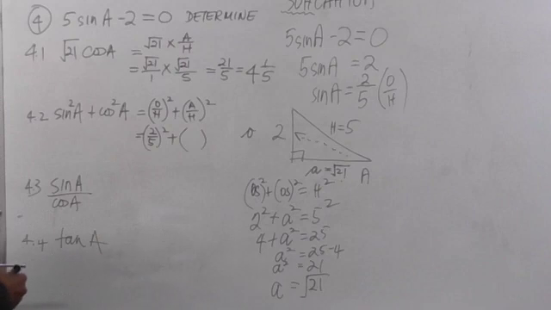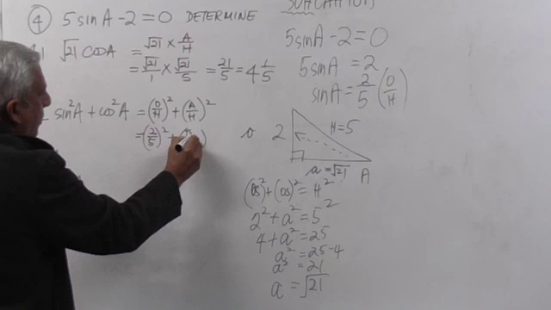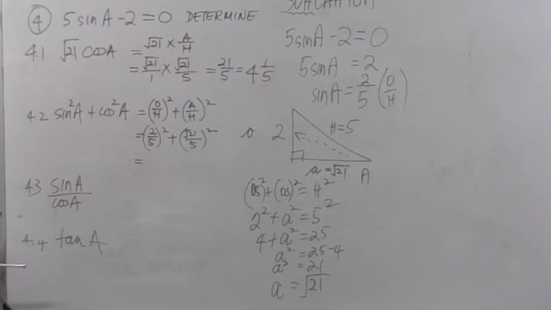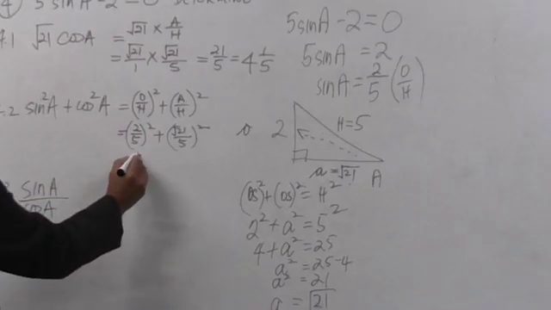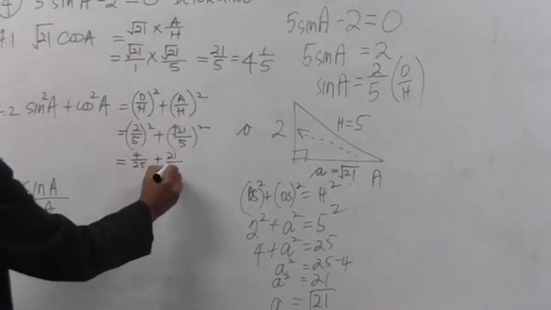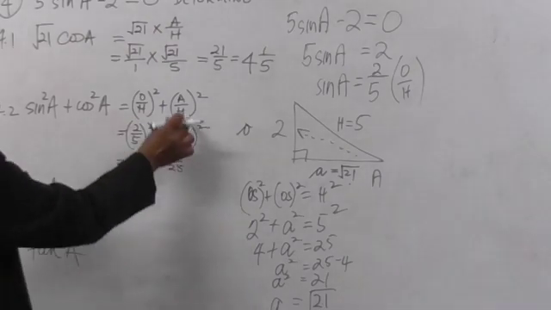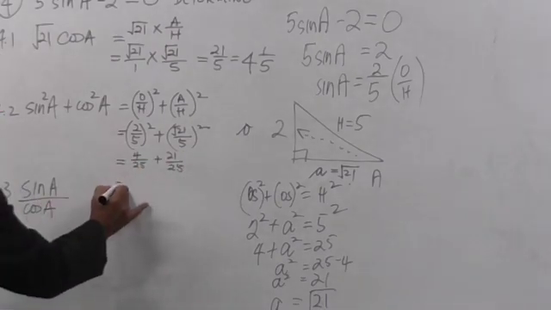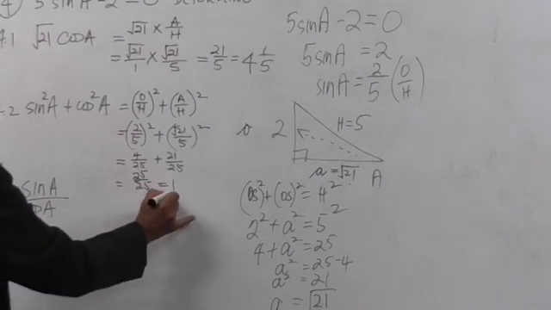Cos A is adjacent over hypotenuse, root 21 over 5 squared. Now please just use your calculator and do this, but I'm just going to do it step by step. So this is 2 squared, 4 over 25, plus this will give you 21 over 25. If you put this in the calculator, that's what you'll get. And that finally gives you 25 over 25, which is equal to 1.